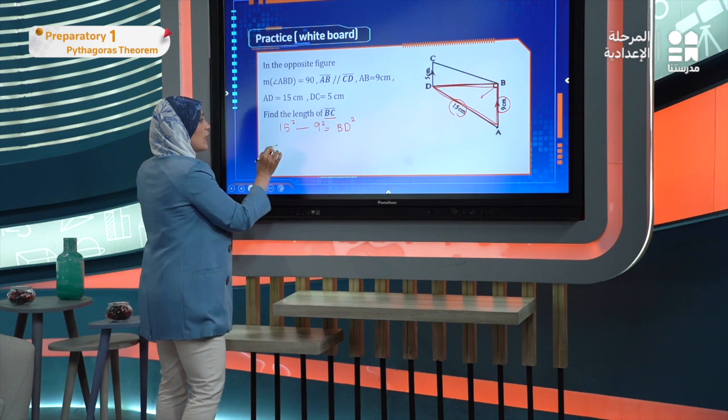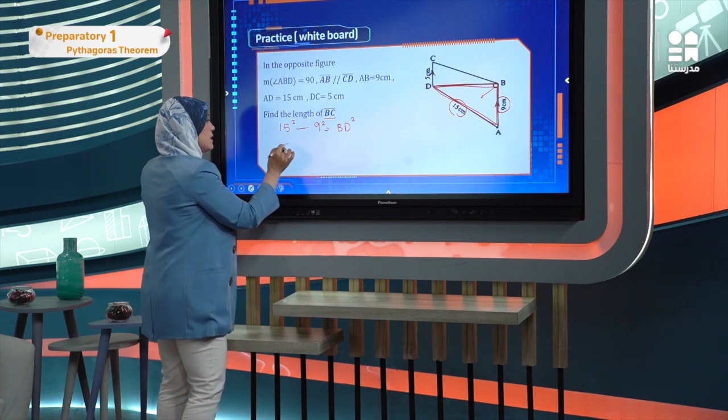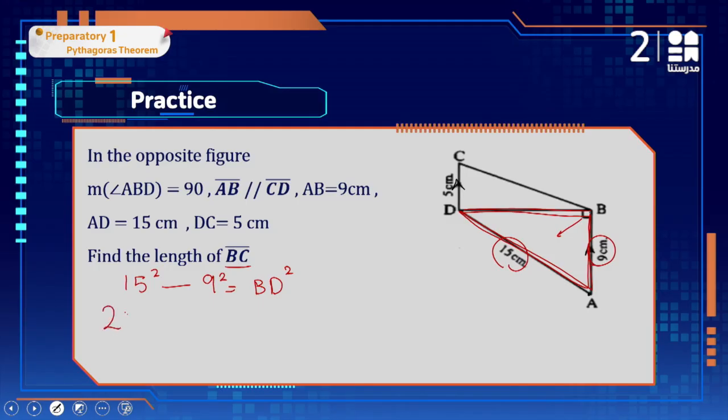15 squared, which is 15 times 15, is 225. Minus 9 squared, which is 9 times 9, equals 81. BD squared: 5 minus 1 is 4, 12 minus 8 is 4, and 144.